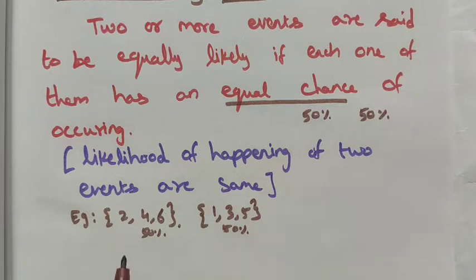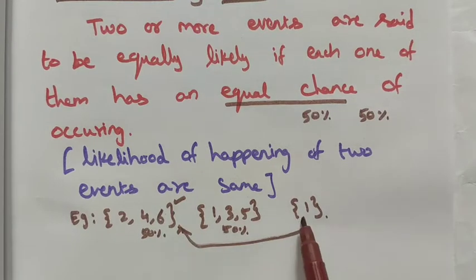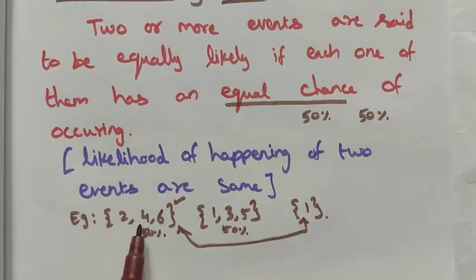And then another example. In the first event I get all the even numbers, that is 2, 4, 6, and in the second event I get the number 1 only. Now these two are not equally likely events. How do you get 2, 4, 6?